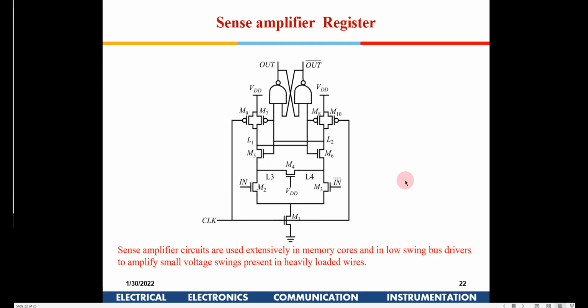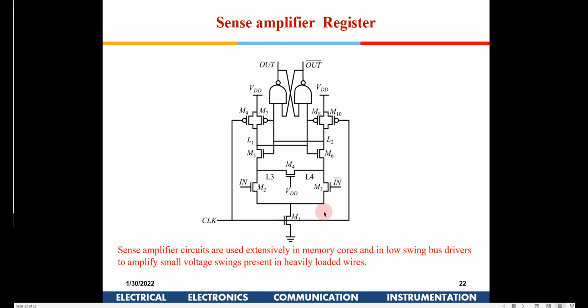If you store a one, the moment you switch a big capacitance onto those lines, the data could flip. So this kind of circuit is a sense amplifier, register based.